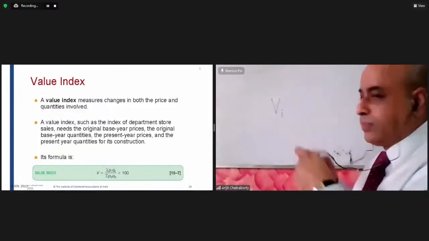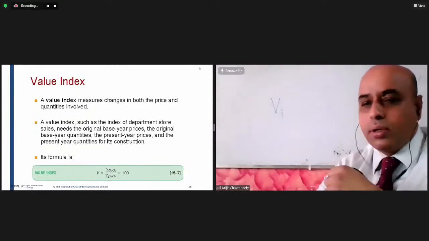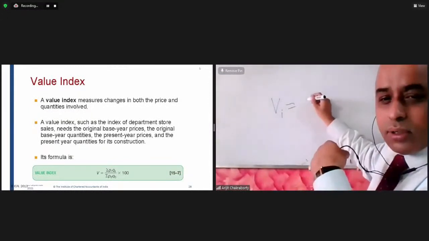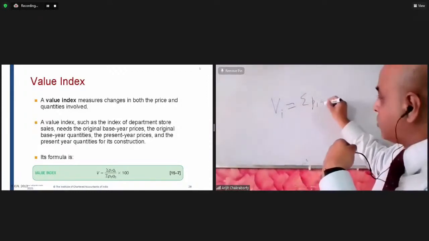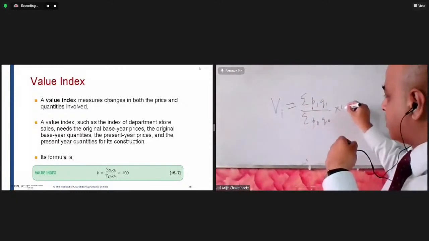So value index, VI, is equal to sigma P1 into Q1 divided by sigma P0 into Q0 into 100.